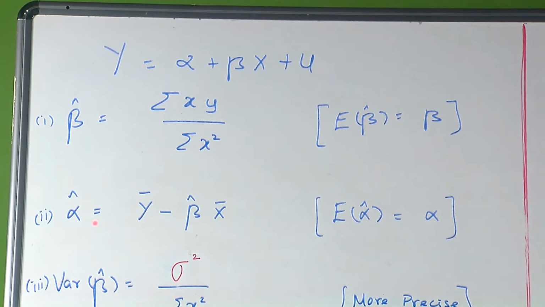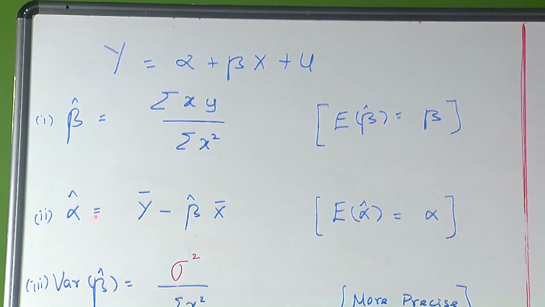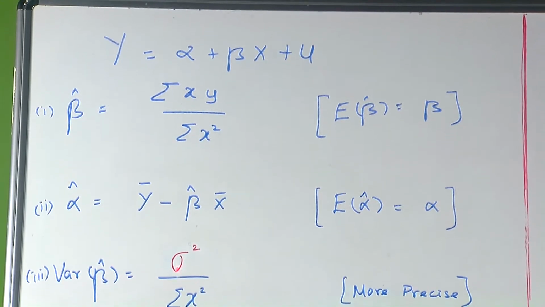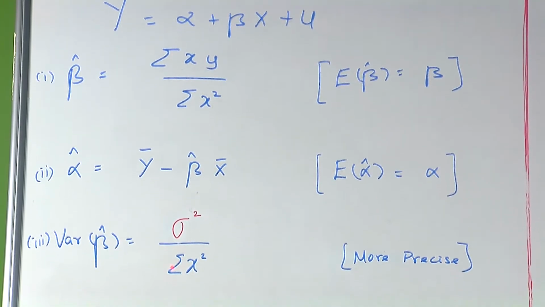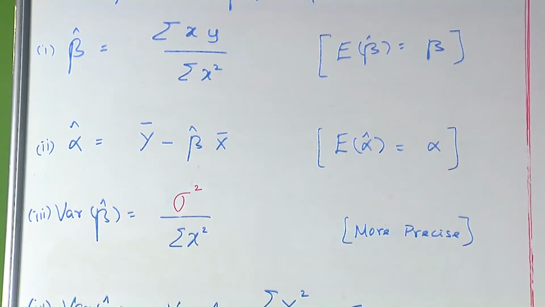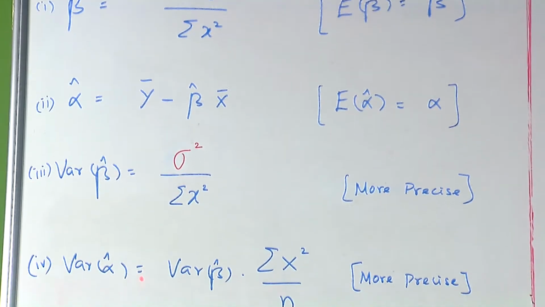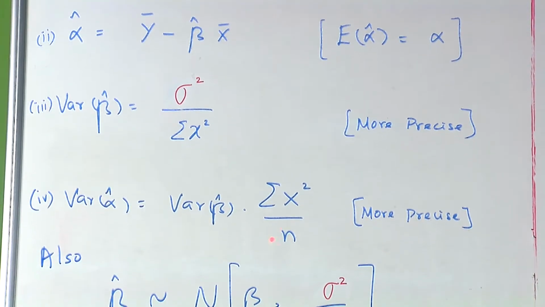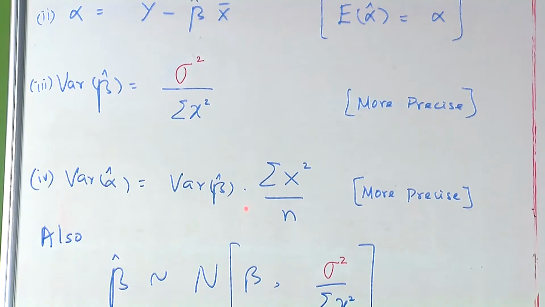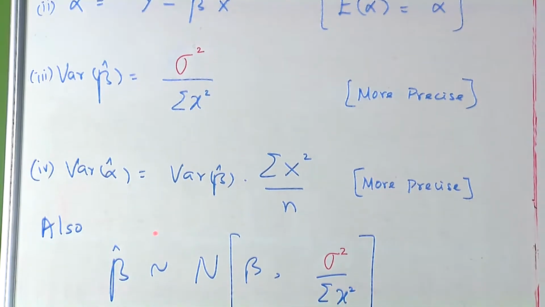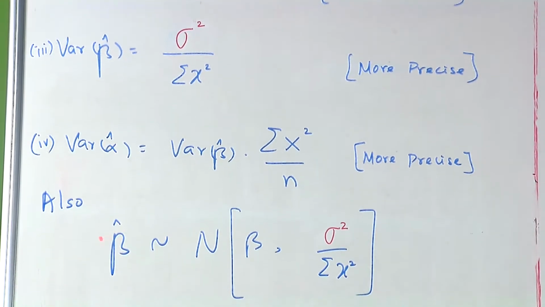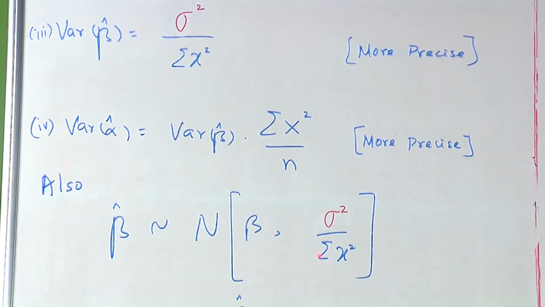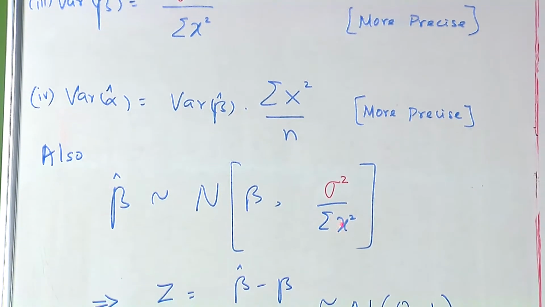This formula is the most accurate formula to estimate beta and alpha respectively. We also saw the least variance of beta hat is obtained as sigma square divided by sigma x square. And also variance of alpha hat is equal to variance of beta hat into sigma capital X square by n. For large samples, it is also derived that beta hat follows a normal distribution with beta as the mean and sigma square by sigma x square as the variance.